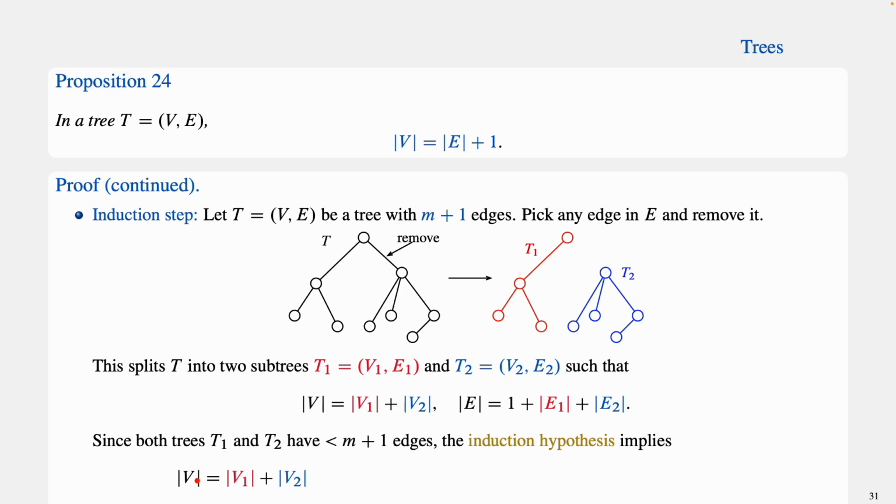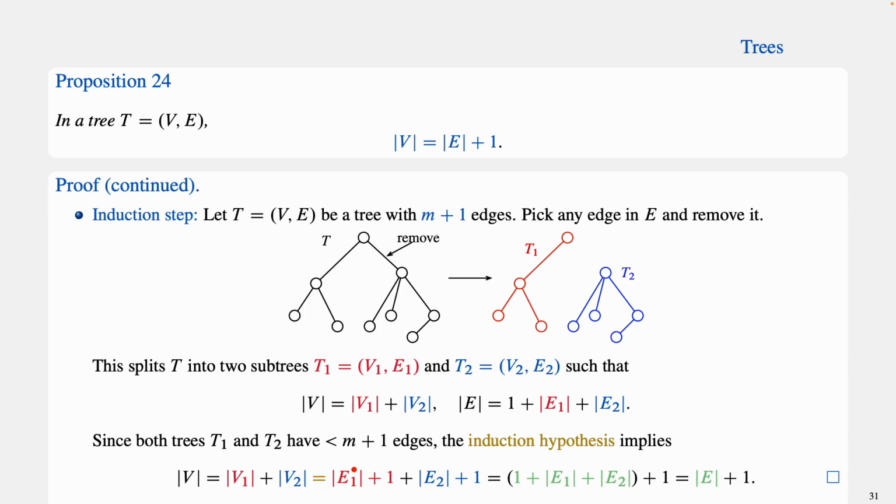So we have the number of vertices, which was this one, by the induction hypothesis being equal to, well, the number of vertices in subtree 1 is by induction hypothesis identical to the number of edges in subtree 1 plus 1, and the number of vertices in subtree 2 is by induction hypothesis identical to the number of edges in subtree 2 plus 1. Now, what do we have here?